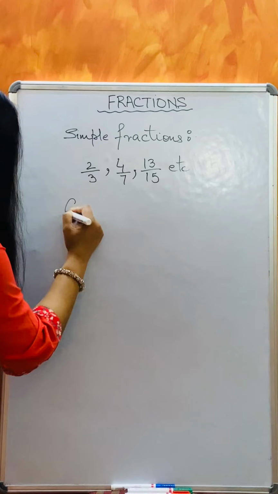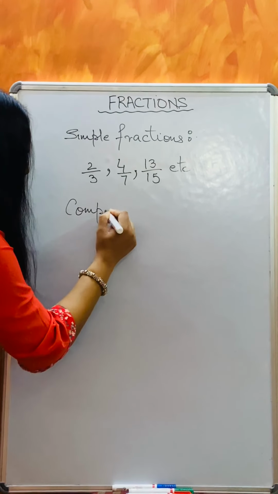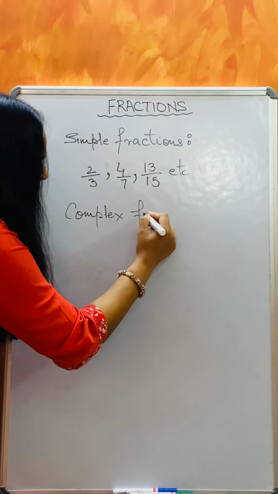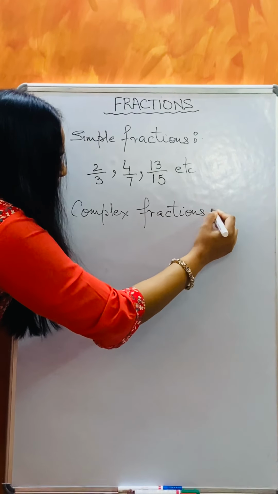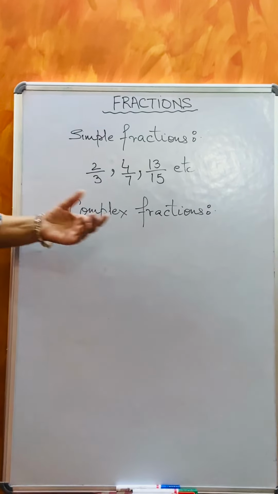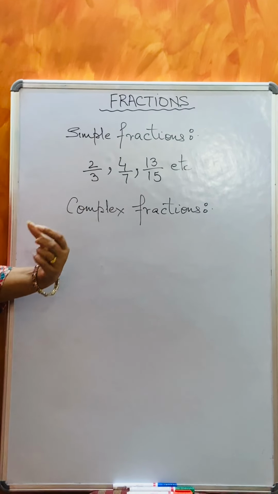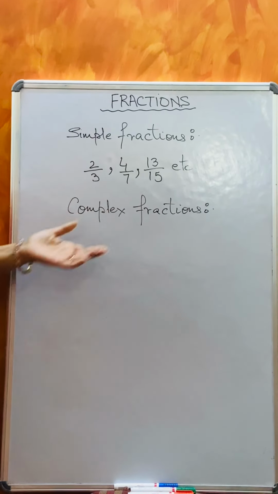The other one is complex fractions. Complex fractions are the fractions in which the numerator or the denominator are other fractions.